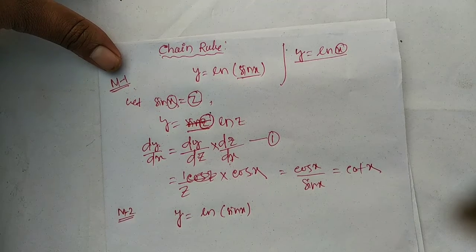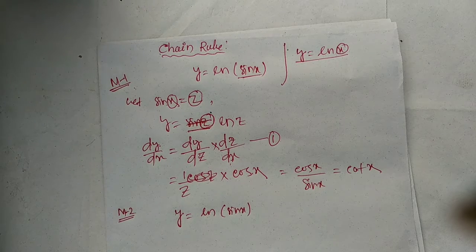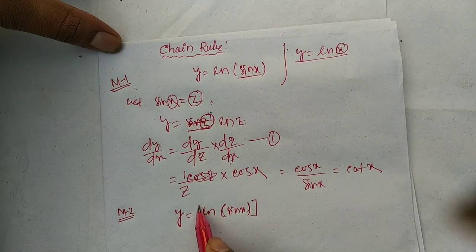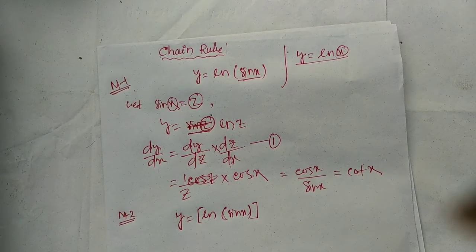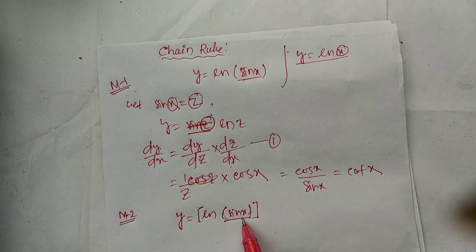Whenever the given function is not directly a function of x, then we have to put a large bracket and a small bracket. Let's say here the small bracket is there, put one more large bracket. Here what we are observing is that y is a function of sin x.